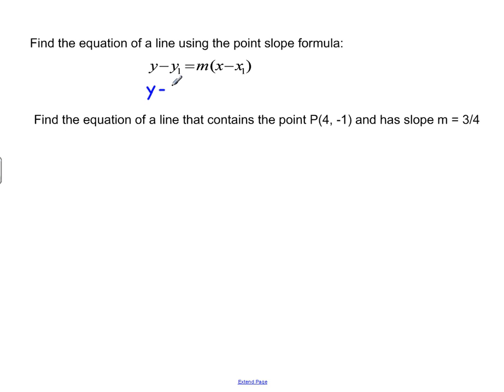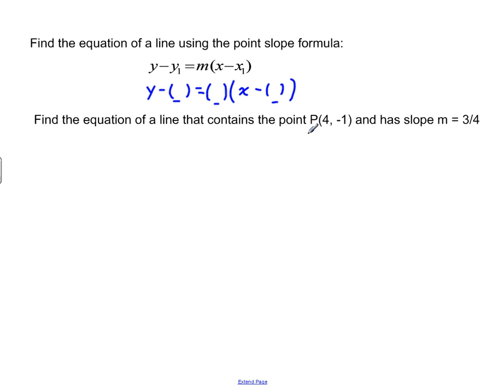We're going to take the variable y and substitute in the given y value. And in the formula, we're going to fill in whatever value we have for m, and we're going to multiply that by x minus the given x value, right? So this is really a fill-in-the-blank kind of deal, and we need to look at what we have.